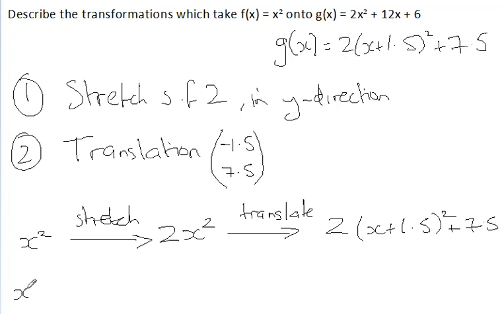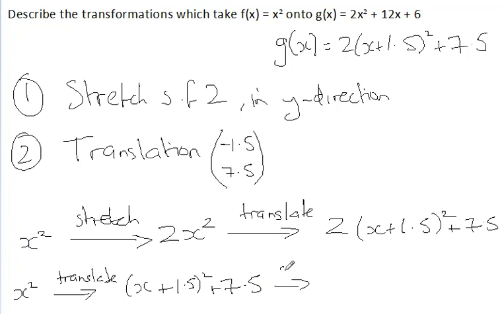However, if I translate first, then I've got my (x + 1.5)² + 7.5, that's okay. But then if I stretch, the problem is that I have to multiply this part of the equation by 2 and this part by 2.